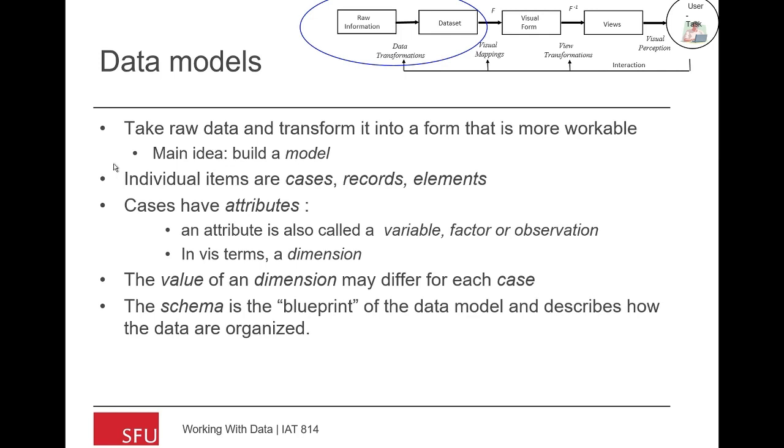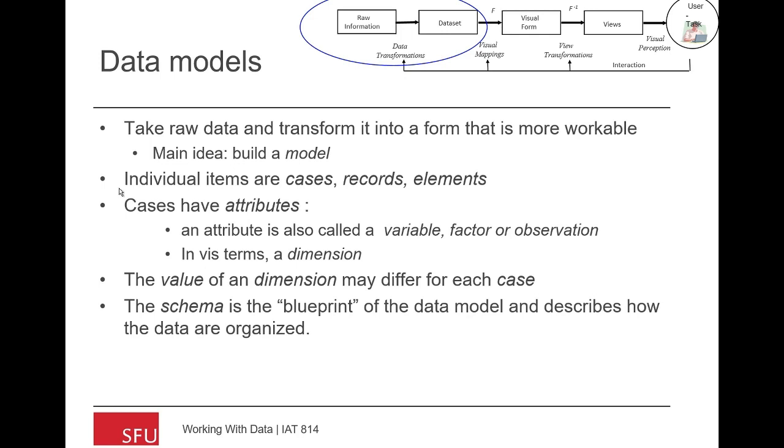The idea here is to build a model. It could be, as I said at the outset, a very simple model, or it could be somewhat more complex. But every one of those, whether simple or complex, is a model that represents a transformation of understanding from what the raw information has as bits, bytes, floating point values, strings, and so on, into a data set that's amenable for visualization.